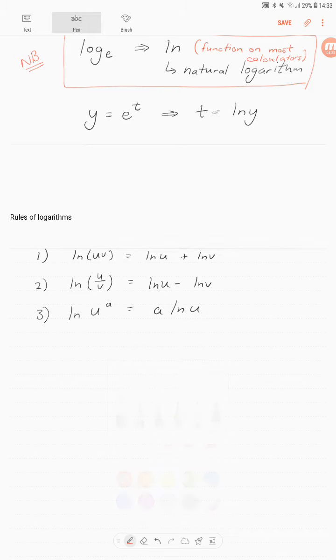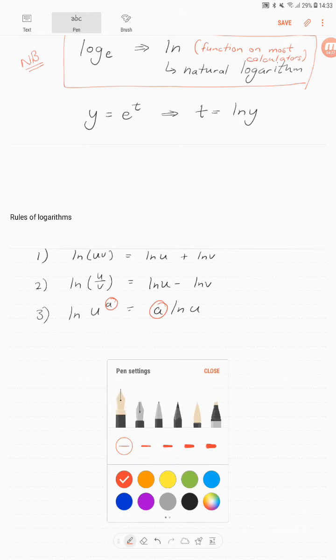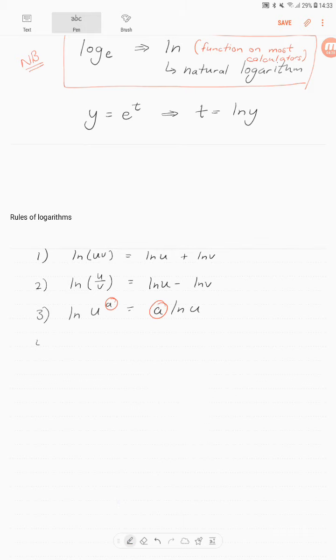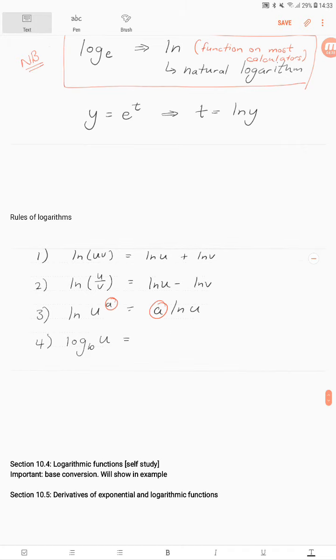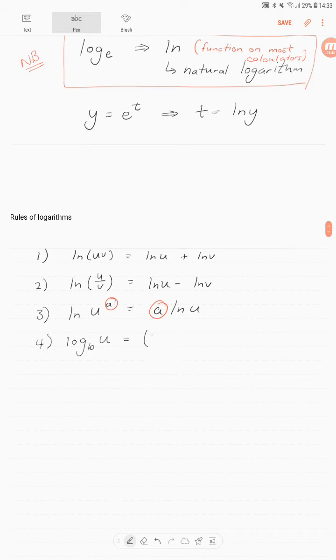So just to make that clear, log base b of u is the same as log base b of e times the log base e of u.